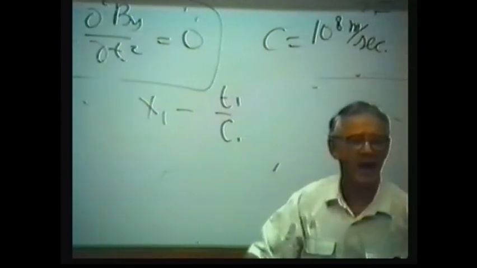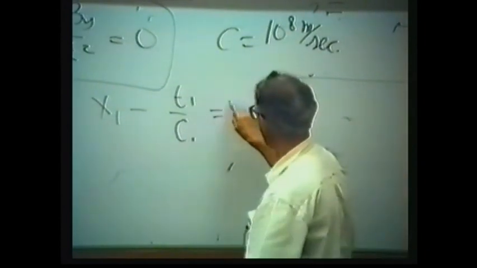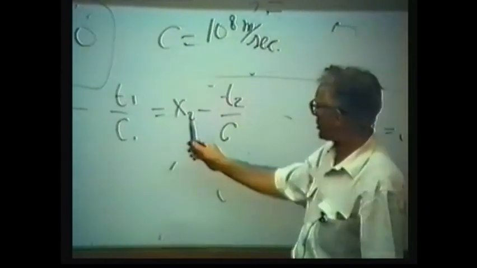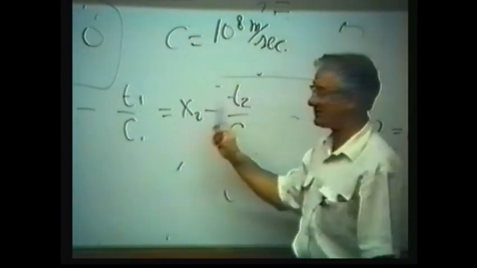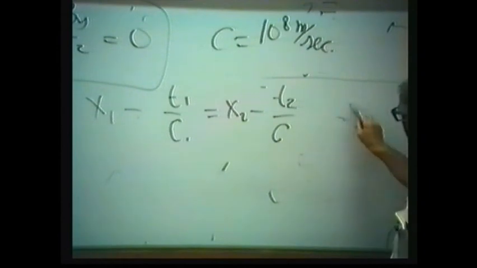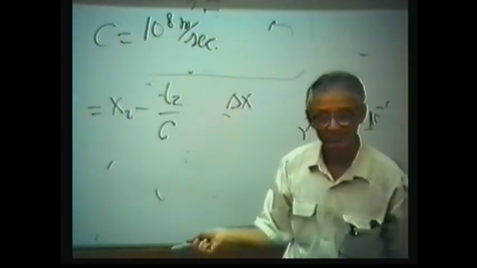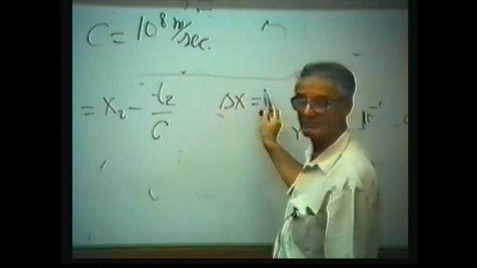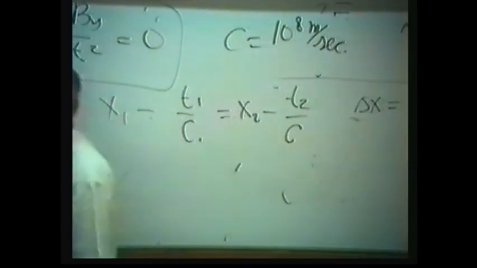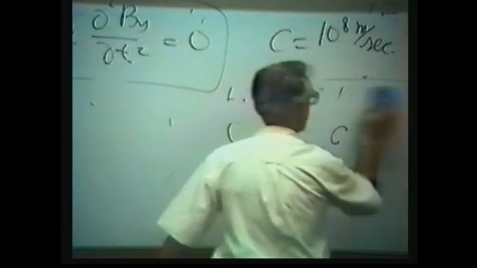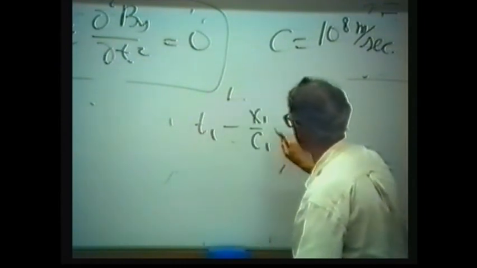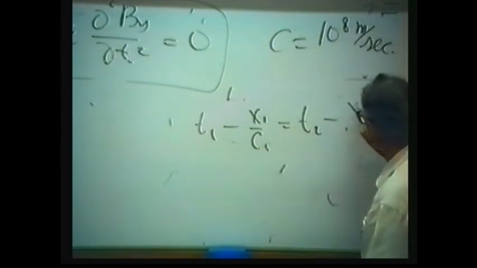When you have the same argument at greater times, you write t2 minus x2 divided by c. So t1 minus x1 over c equals t2 minus x2 over c.